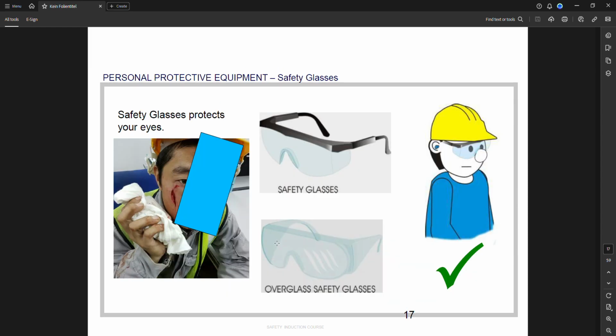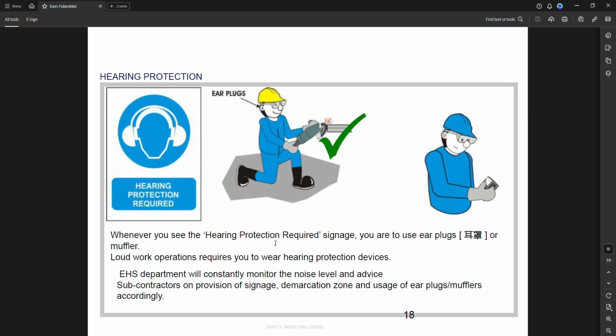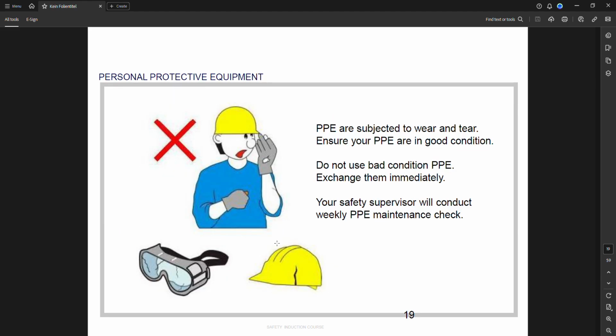You have to wear safety glasses to protect your eyes. Whenever you see the hearing protection signage, you are to use earplugs. PPE is subject to wear and tear, so ensure your PPE is in good condition all the time.